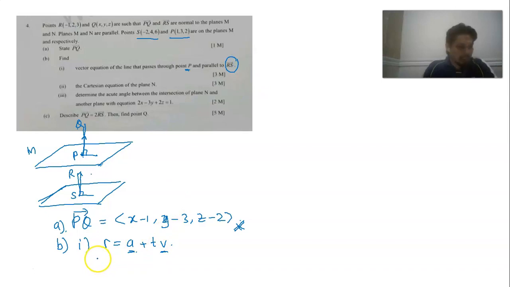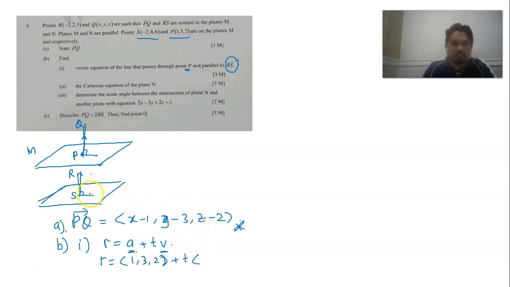So then r equal to a, which is P. What is the coordinate of P just now? P is (1, 3, 2) plus t v.